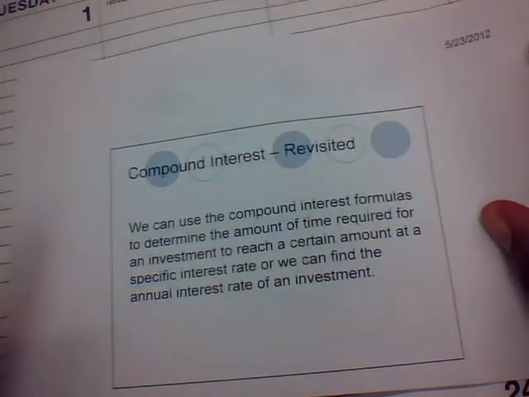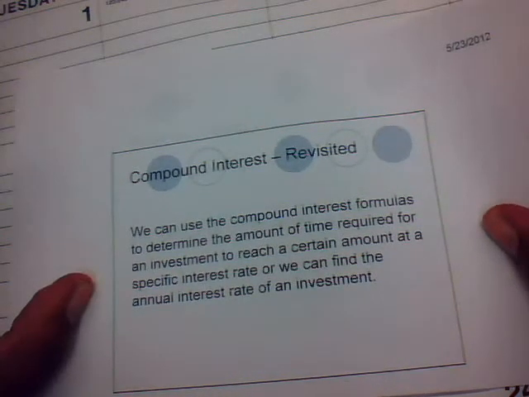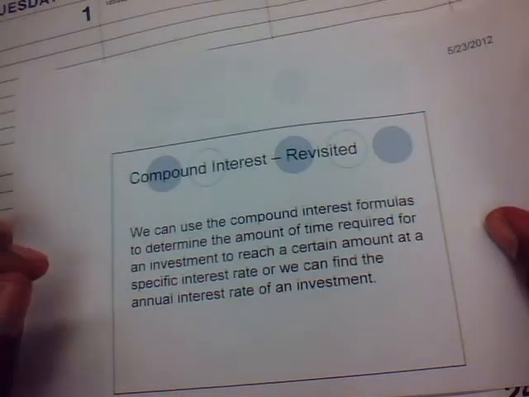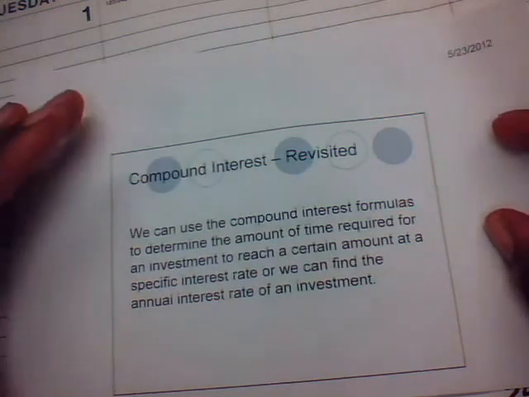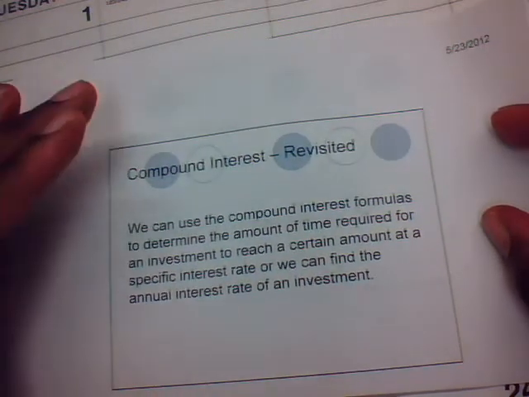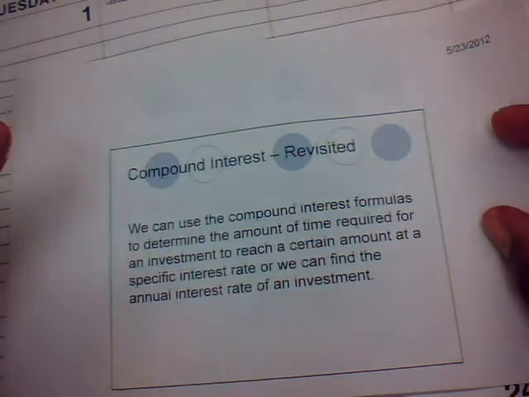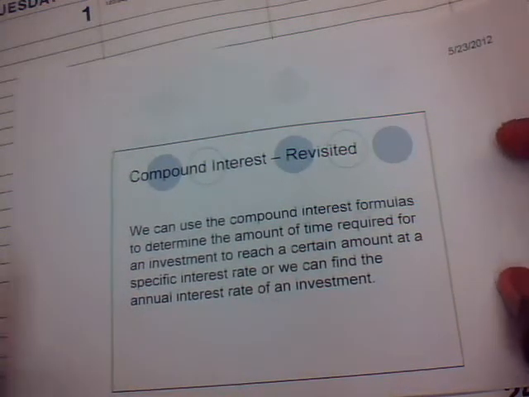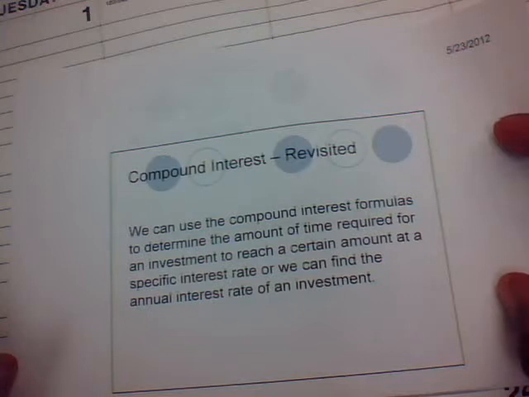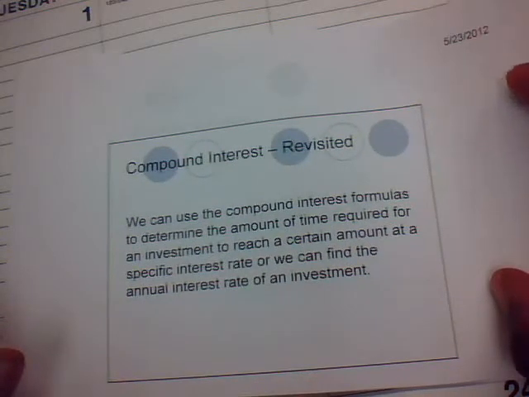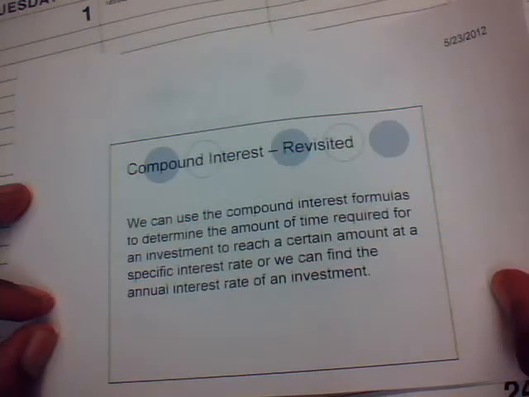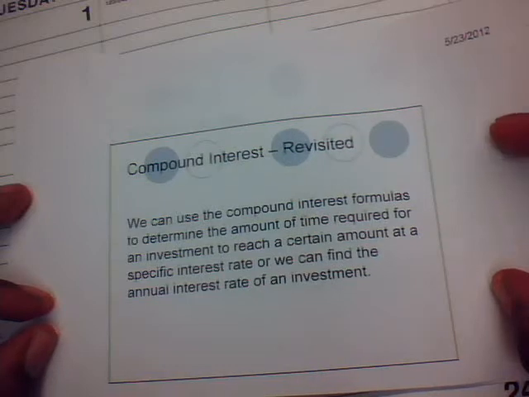In this video, we're going to do a continuation of solving exponential and logarithmic equations. This video has an application to that, and this is where we're going to revisit what we call the compound interest formulas. Here we can use the compound interest formulas to determine the amount of time required for an investment to reach a certain amount at a specific interest rate, or we can find the annual interest rate of an investment.